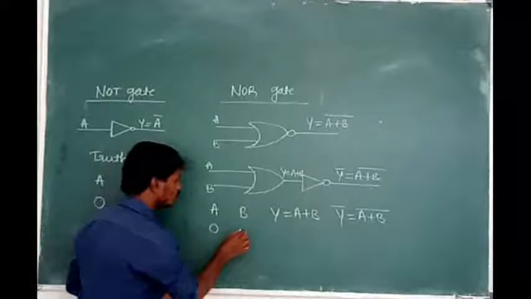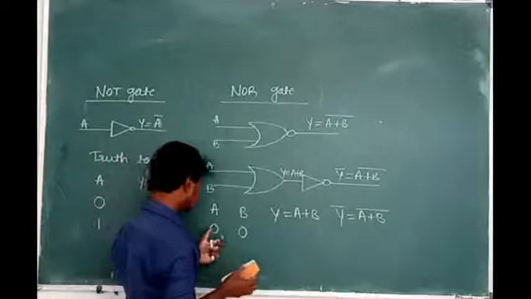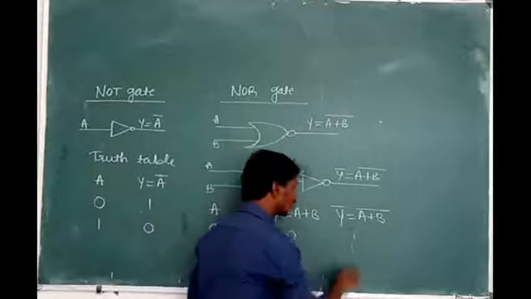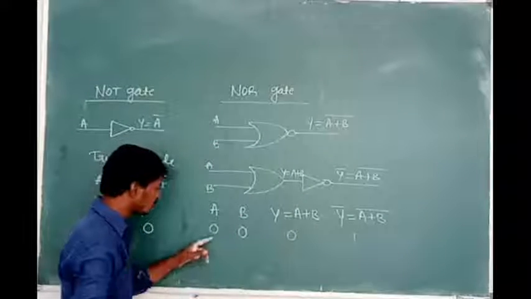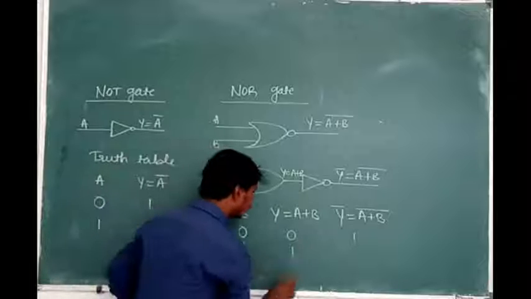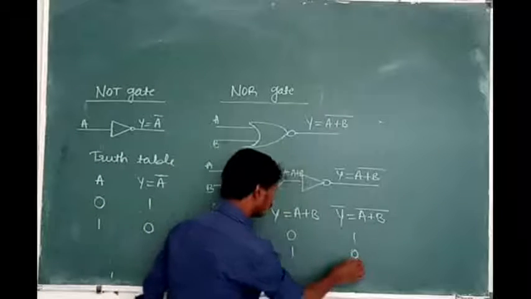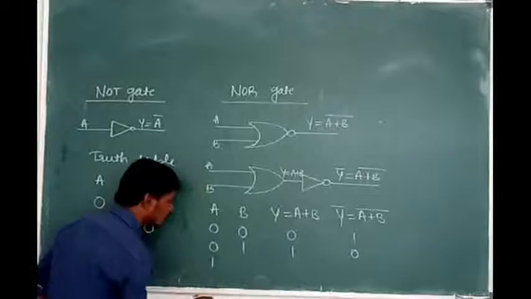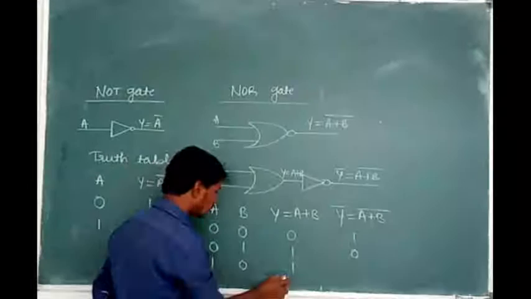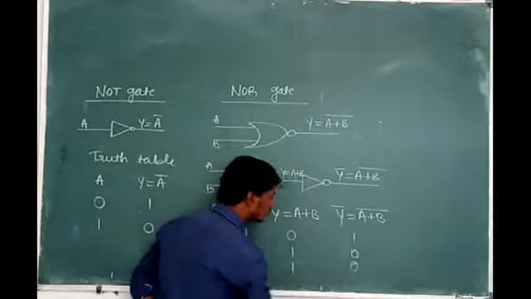If A is 0, B is 0, then 0 or 0 is again 0, but the complement of 0 is 1. If A is 0, B is 1, 0 or 1 is 1, but its complement is 0. If A is 1, B is 0, 1 or 0 is again 1. Then what is the complement of 1? Again it is 0.